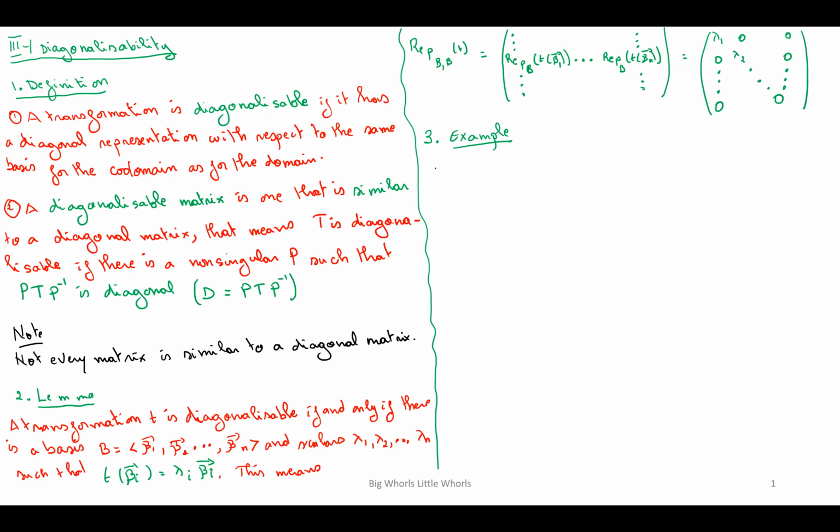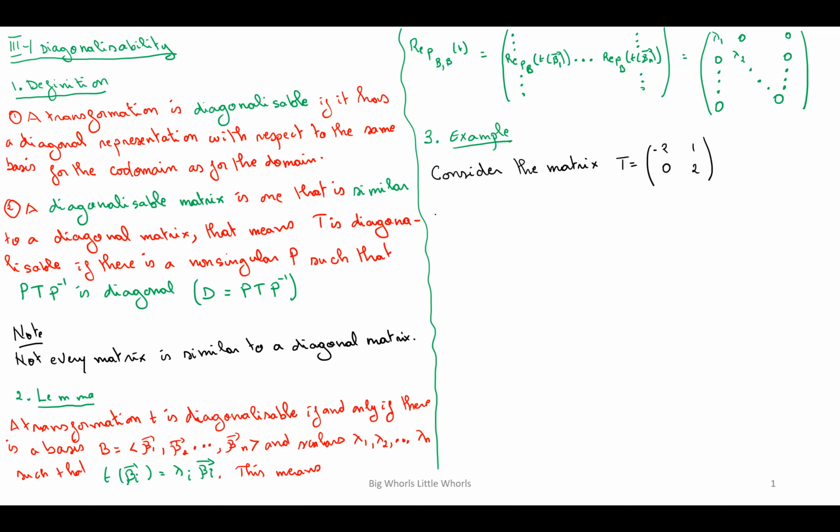And so the question is as follows. Consider the matrix T, which is equal to minus 2, 0, 1, 2.